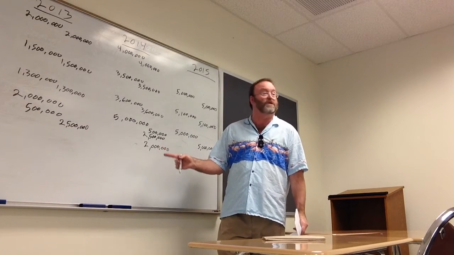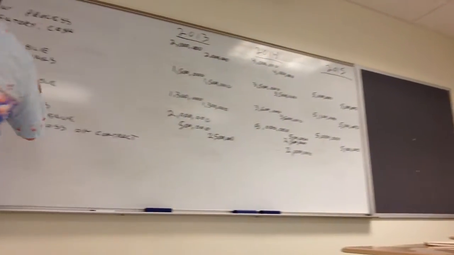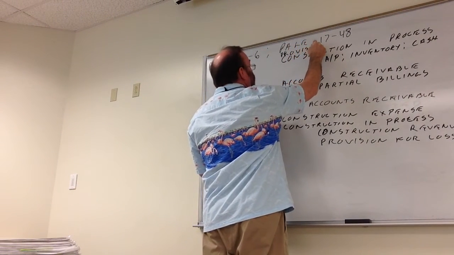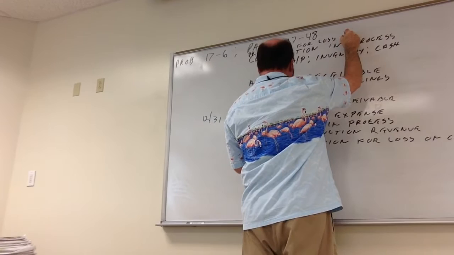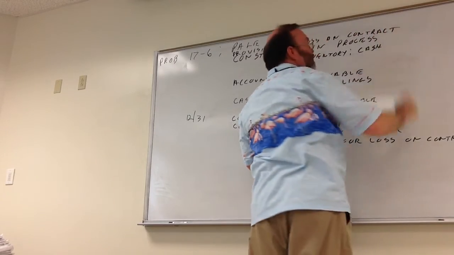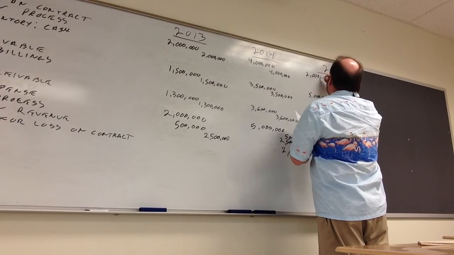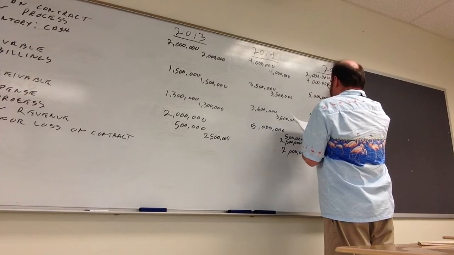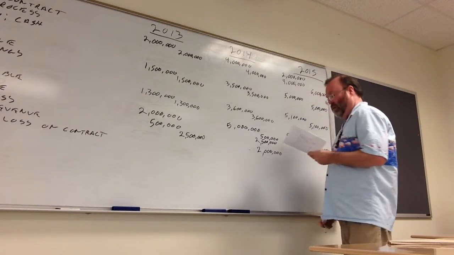Because I'm going to turn around and use that in the final year by allowing me to remove the $2,000,000 in 2015, leaving us only $4,000,000 in construction because we only had $4,000,000 left to accrue.